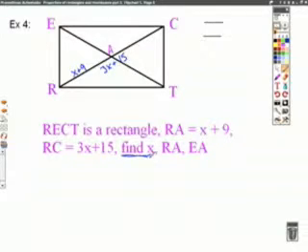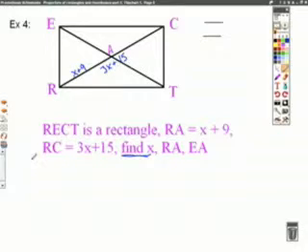So let's just find x first. What do we know about the relationship between x plus 9 and 3x plus 15? More like this. What do we know about the relationship of RA as it pertains to RC? What you should know is that RA is half of it. So how could I express that?